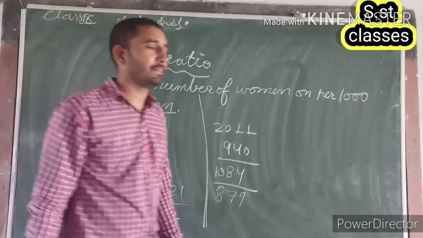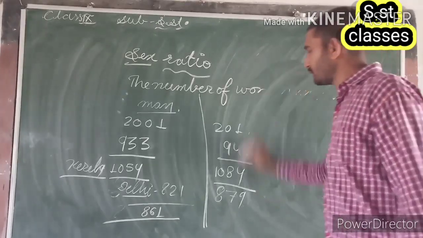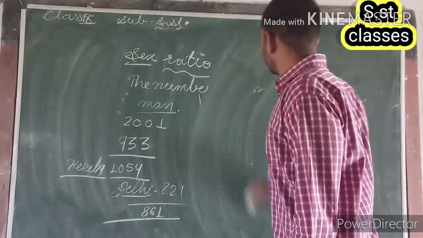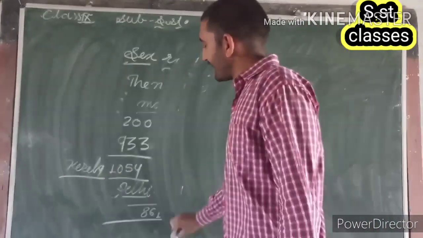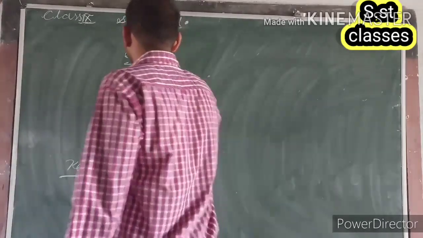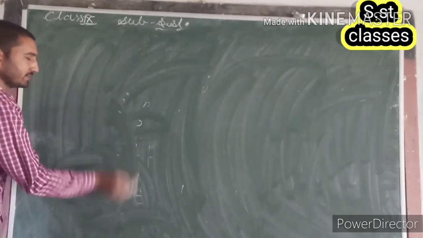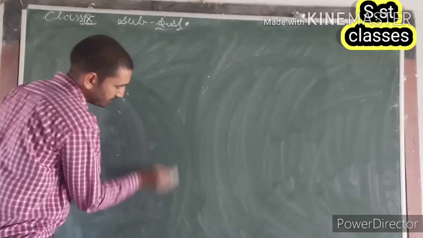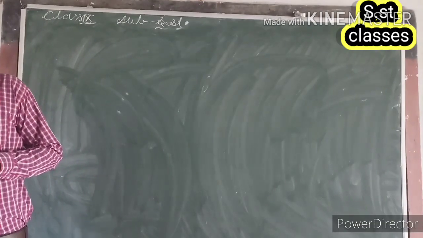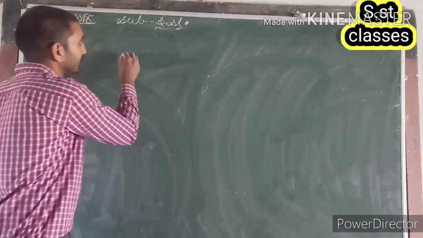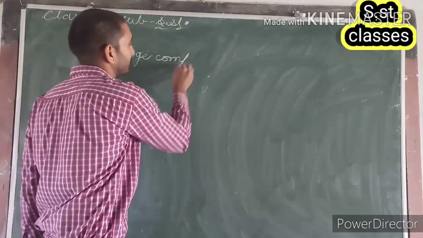Okay, so in this way, after discussing sex ratio, next here we are going to discuss age composition. So what is the age composition of the country? Guys, what do we actually mean by age composition? Age composition means the percentage of various categories of age groups present in a country.